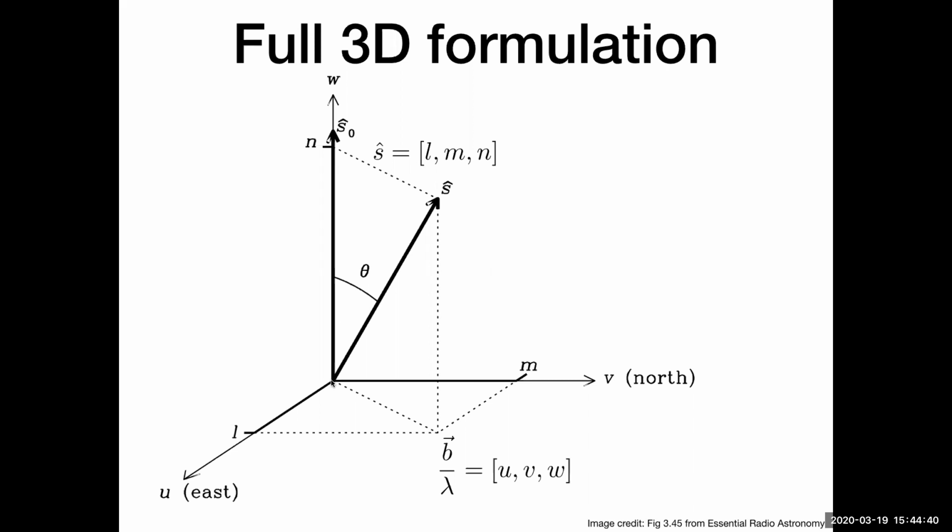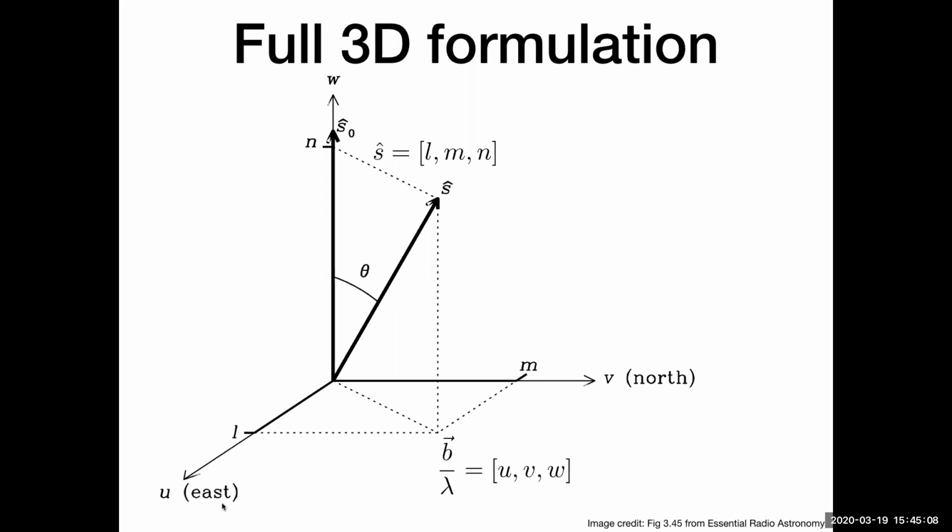We're working in this coordinate system where the W axis is towards this S0 direction that we've pointed our dishes in. And then we have a plane, this UV plane, which is perpendicular to this. So you pick some direction in the sky that you want to look at. That's your W direction. And then you have some UV plane that's orthogonal to that.